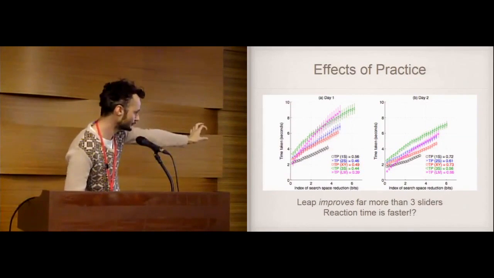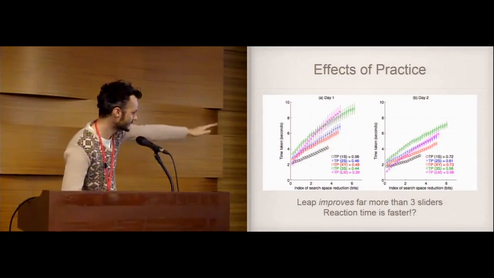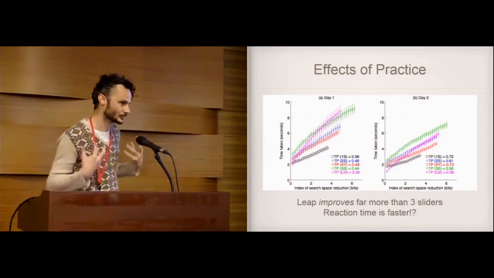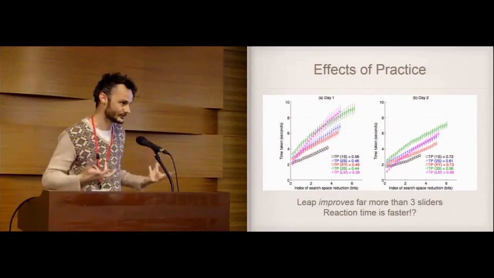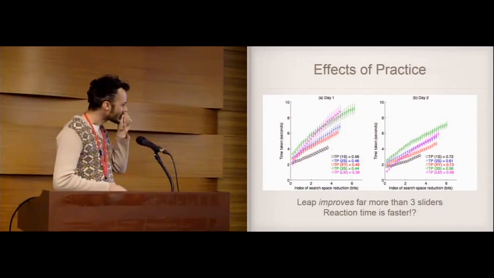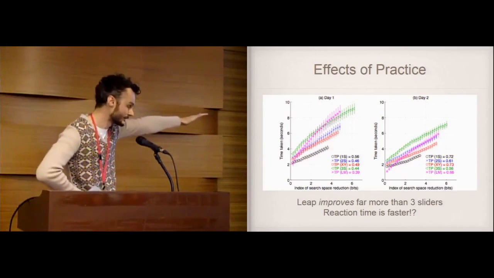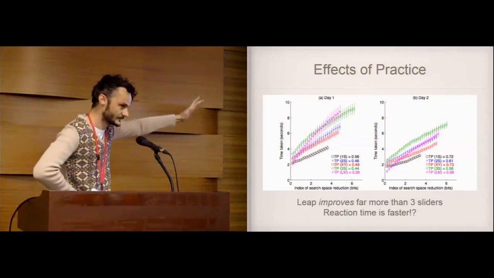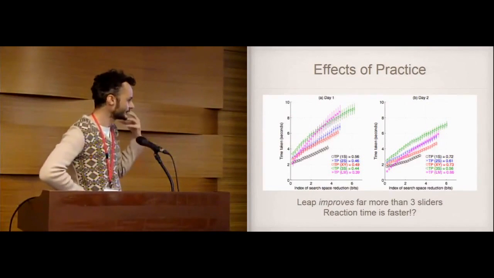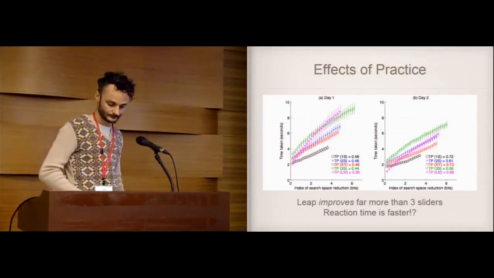So the reaction time could be thought of as being the intercept on the y-axis. That's how long it took people to begin to start making progress. And also you can see that the XY pad, which is the red line, has a lower gradient than the 2 sliders. So that means the XY pad was faster as well.